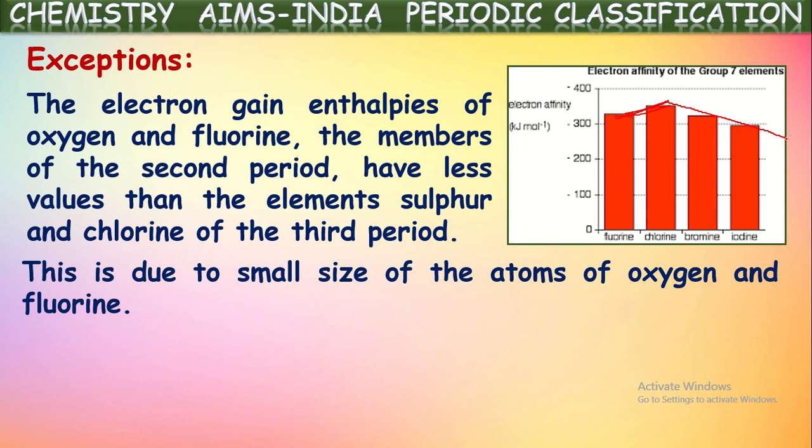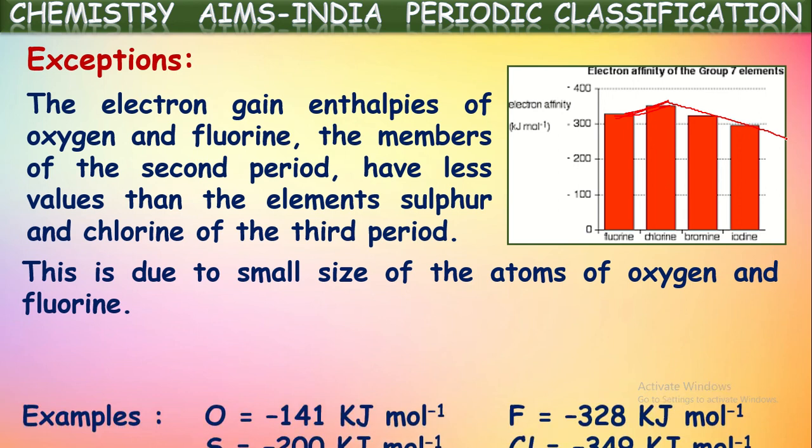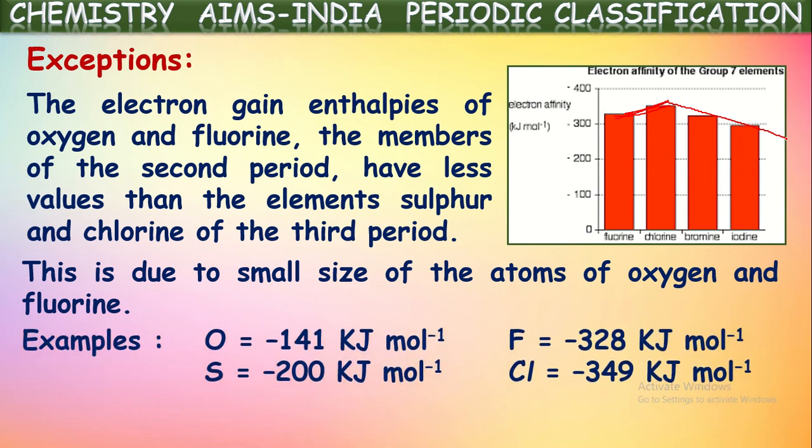Why? Because a certain amount of energy is utilized by those atoms to overcome the repulsions between the electrons. That is why they emit a certain less amount of energy than expected. That's why these elements are having less electron affinity than the next element in that group. Okay, if you see here, oxygen is having less electron affinity than that of sulfur. Fluorine is having less electron affinity than that of chlorine.